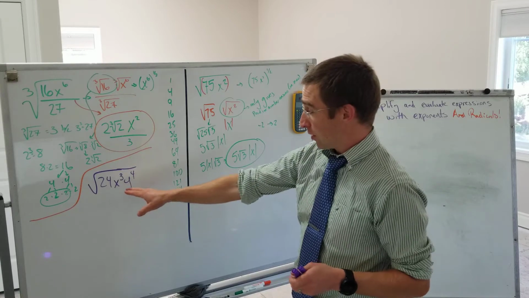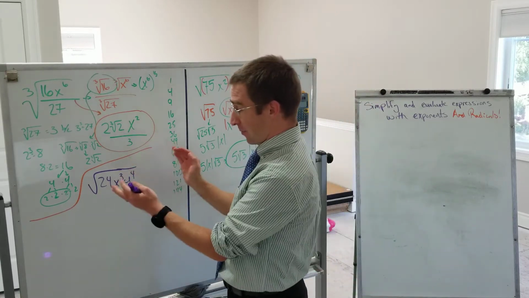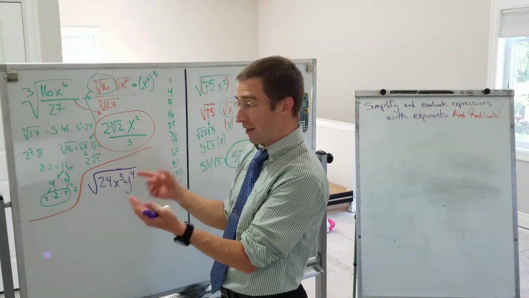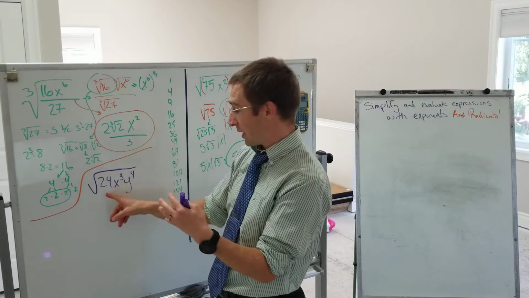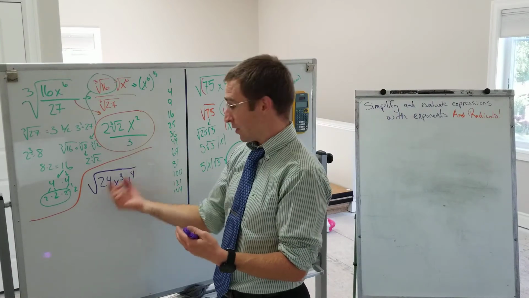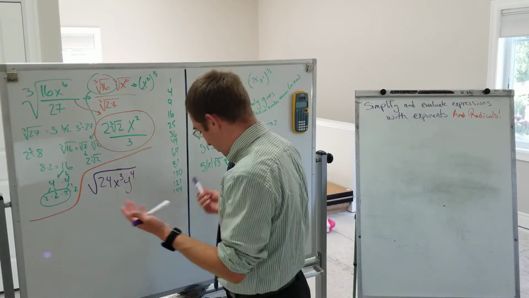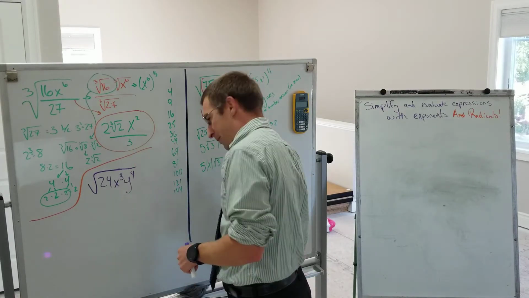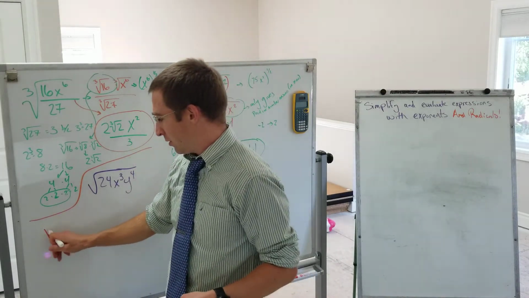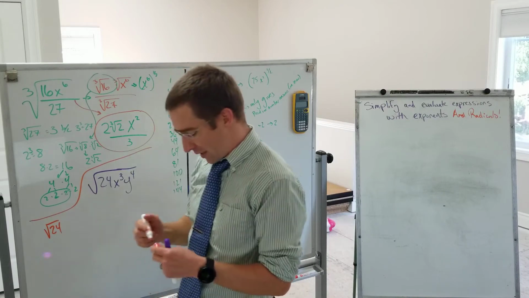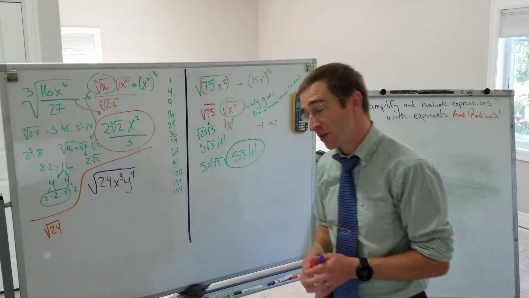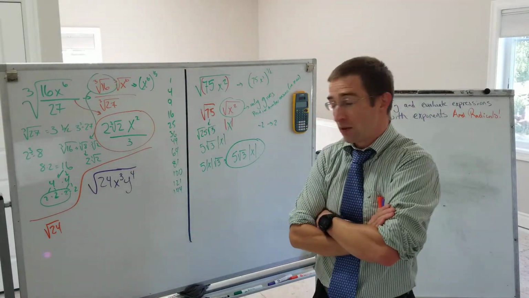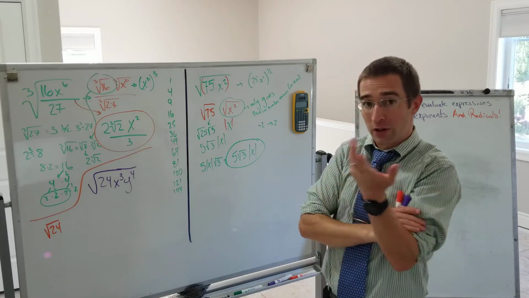All right, so we're gonna break this up. This is like something to the 1/2 power, so I can apply that 1/2 power, or that square root, to each thing being multiplied. So I can say, square root of 24. Are there any perfect squares that are factors of 24? We're gonna look at our perfect squares.